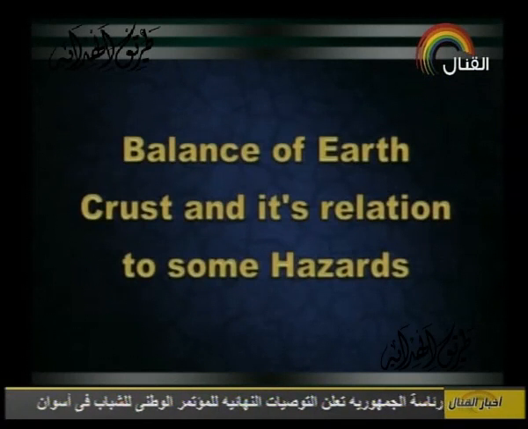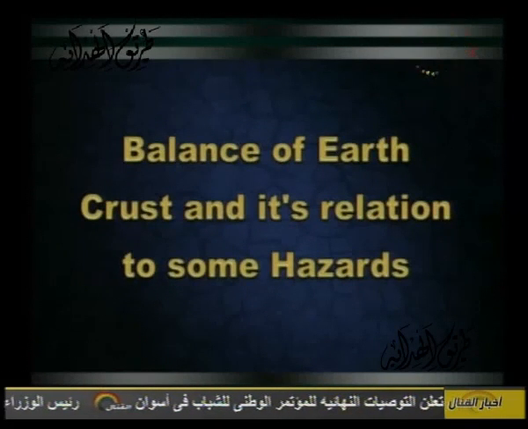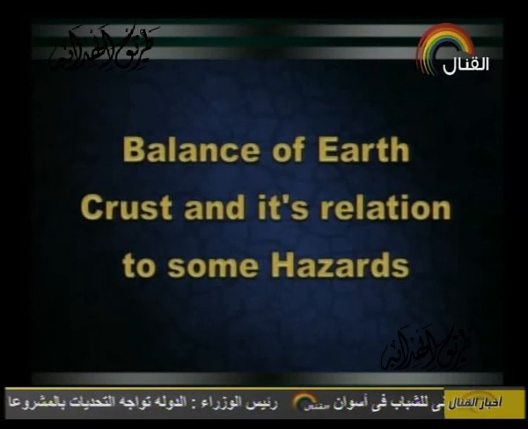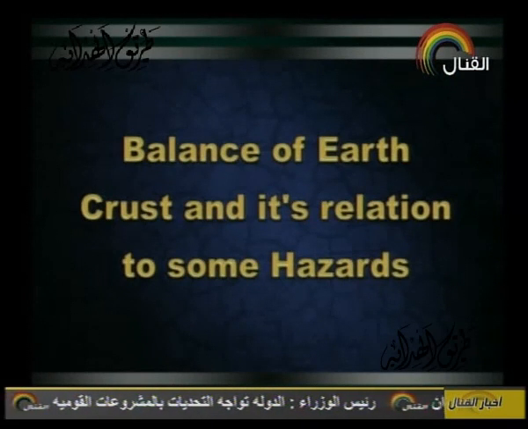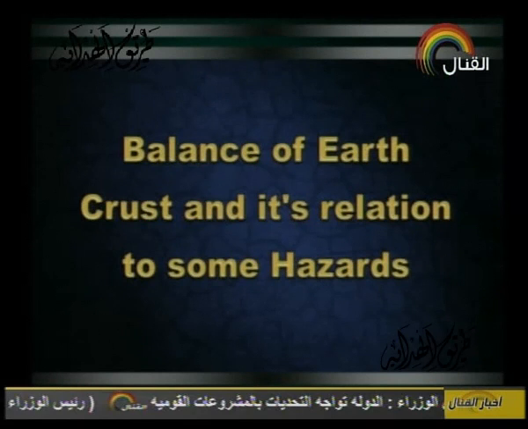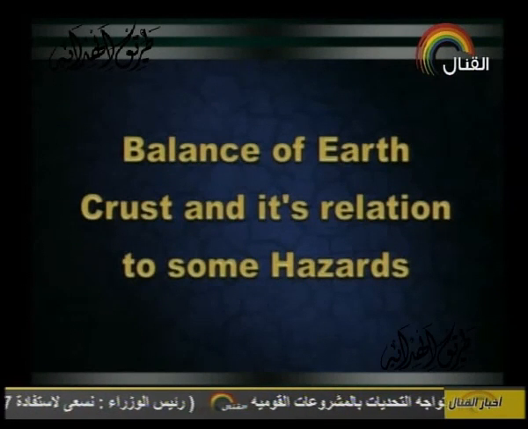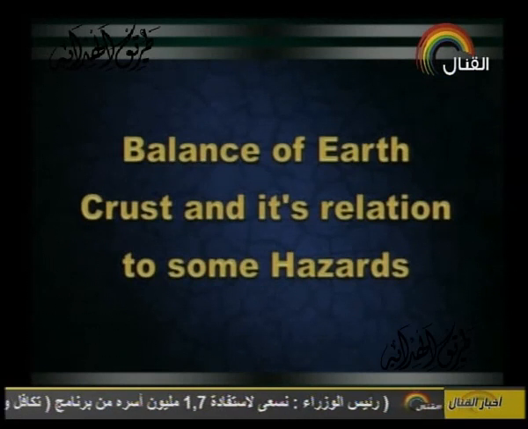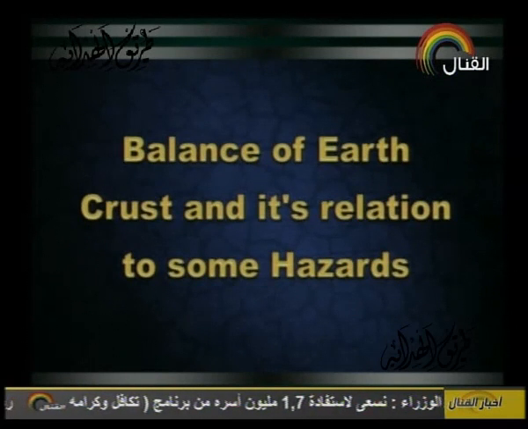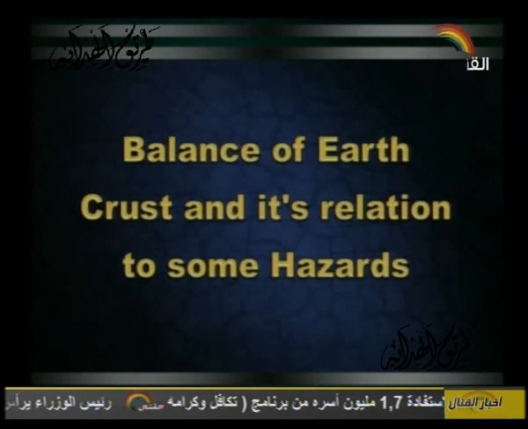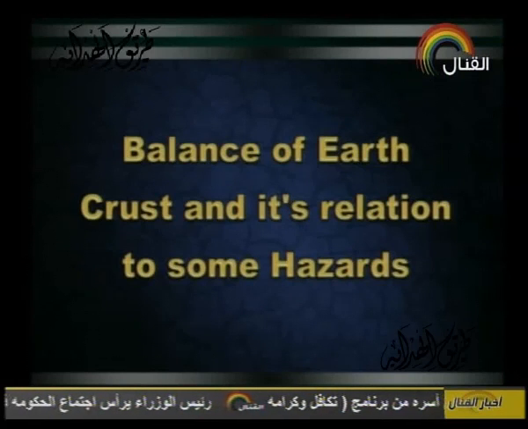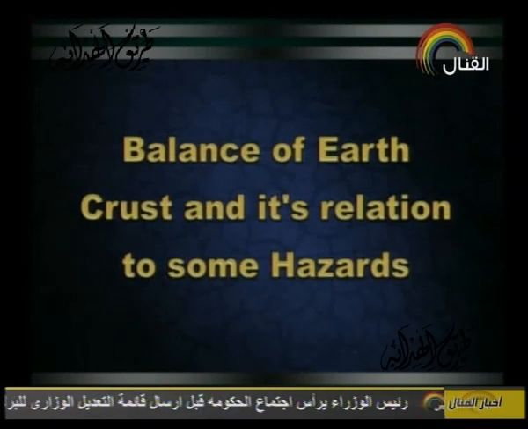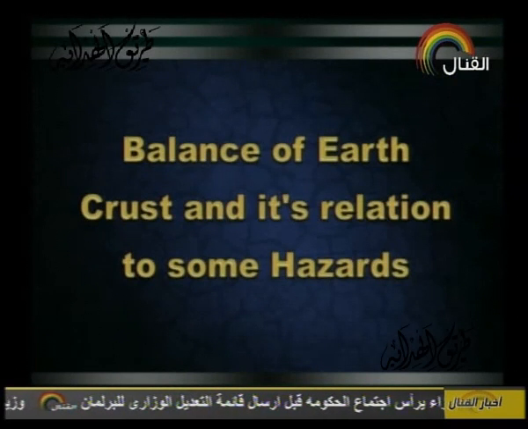Also, we have now a balance of the Earth's crust and its relation to some others. We look to these changes in the Earth's crust itself. Sometimes we have highlands and others we have lowlands. And we need to know exactly the relation, the equilibrium and the balance between these two levels, high and low levels of the land.